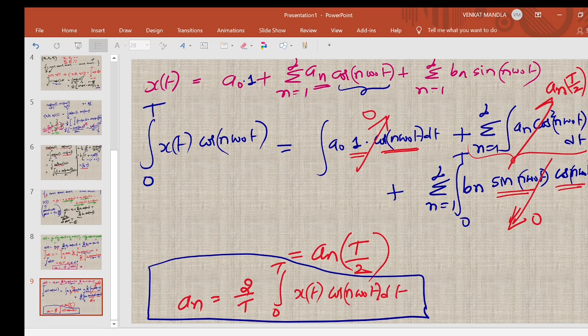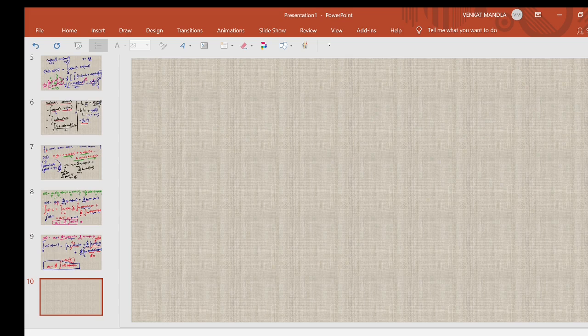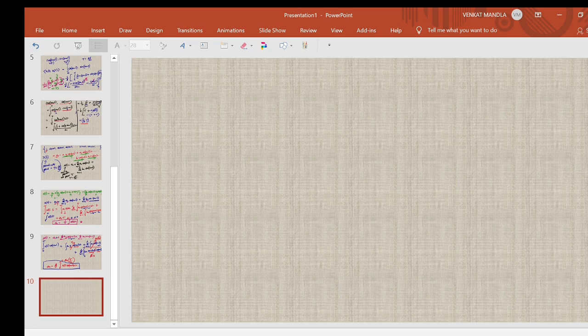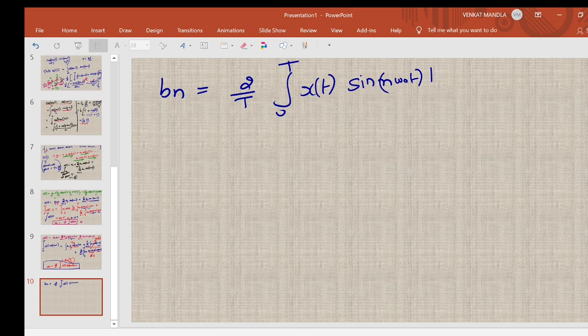Similarly, you will get bn. You just need to do inner product with sin n omega naught t. You will get bn, that I will write here. bn is 2 by T integral 0 to T x of t sin n omega naught t dt.